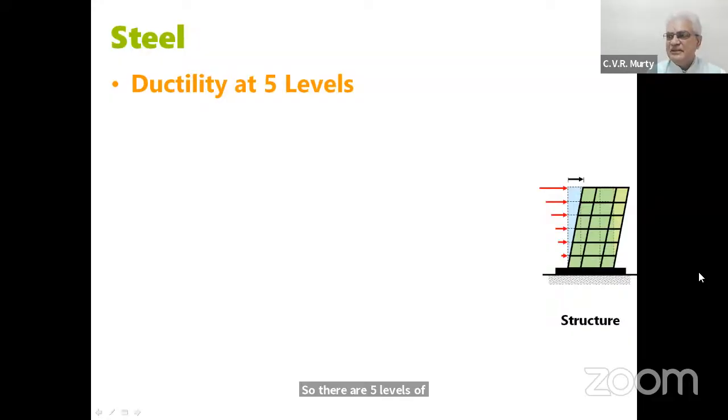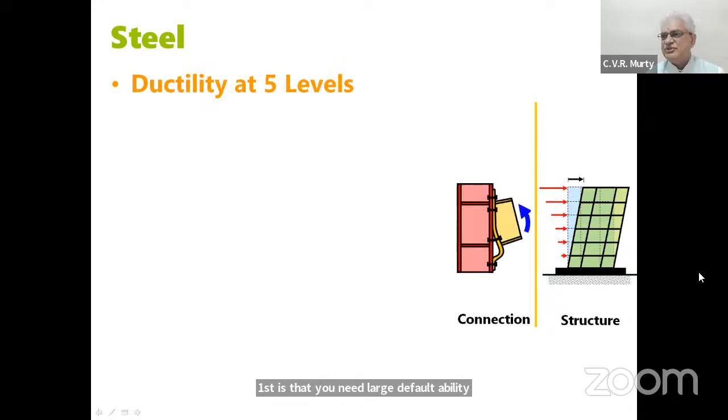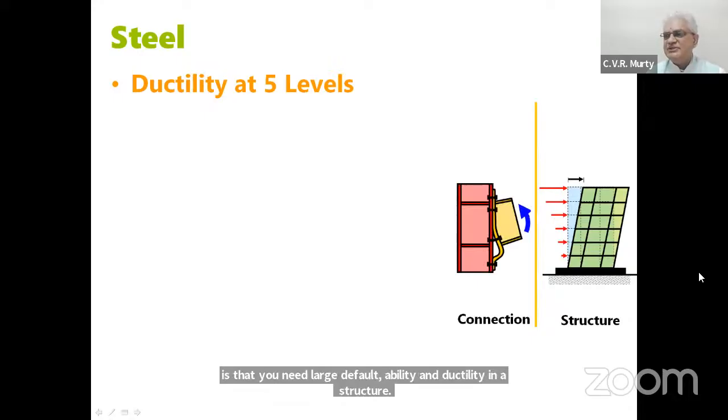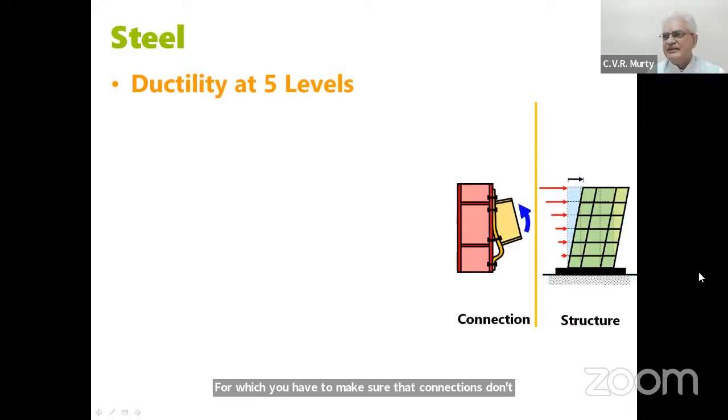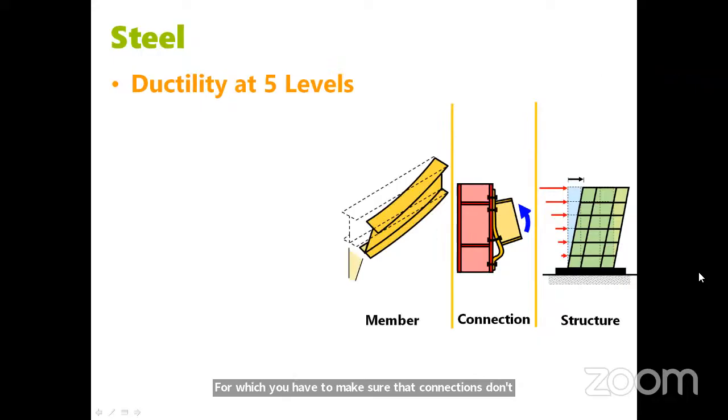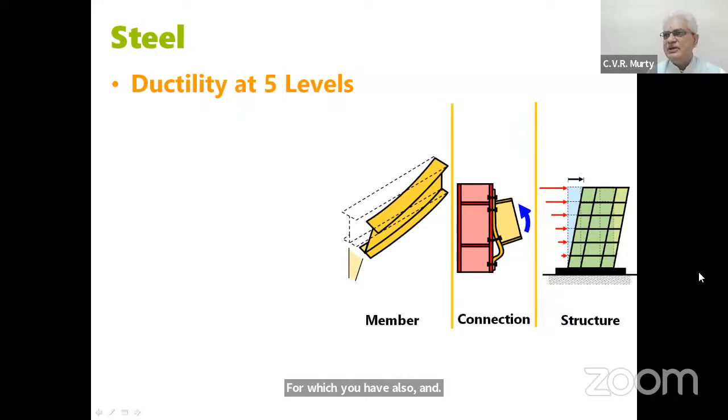First is, and we'll go from whole to part. First is that you need large deformability and ductility in a structure, for which you have to make sure that connections don't get into deformations. For that, you then have to come down and say the members should not get into undesirable actions and no geometric effects, only material effects.